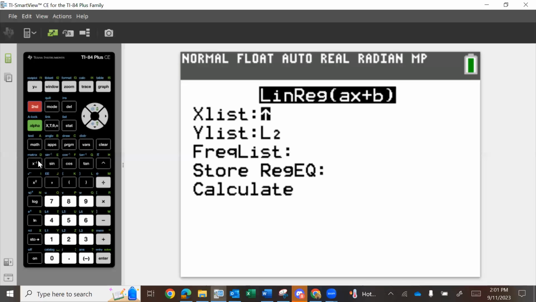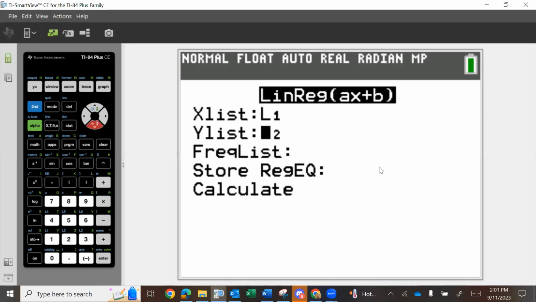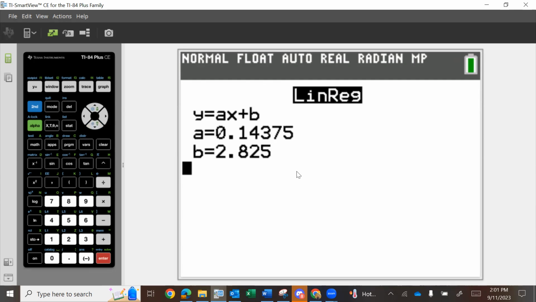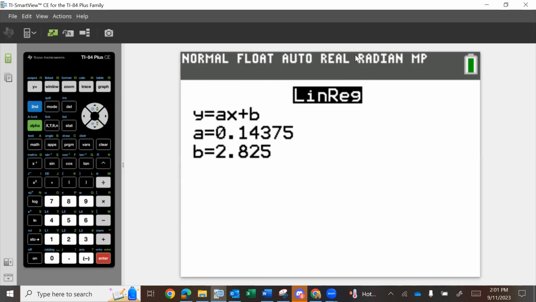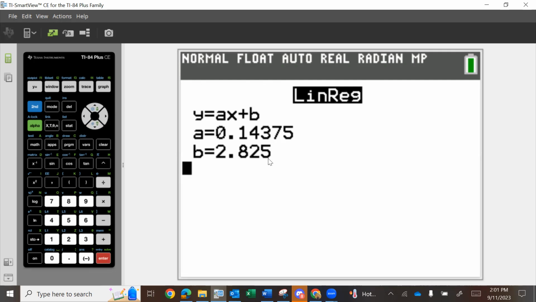So I go blue, L1, and then that gives me that. And then L2, L3, and so on. Okay. So then I'm going to go down to calculate, and boom, it just did the equation for me. All right. Now, I don't have the R values. We're not really going to need them, I don't think, until chapter 6, the last chapter.